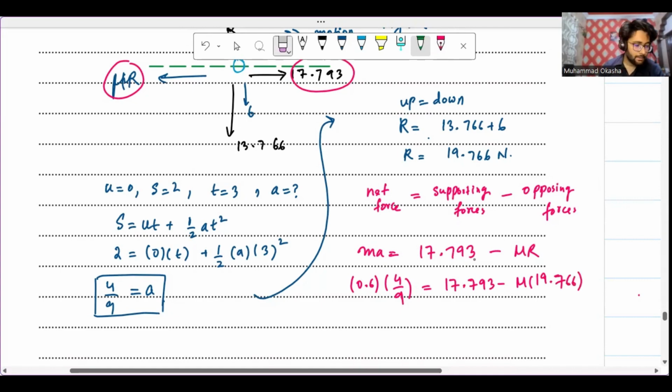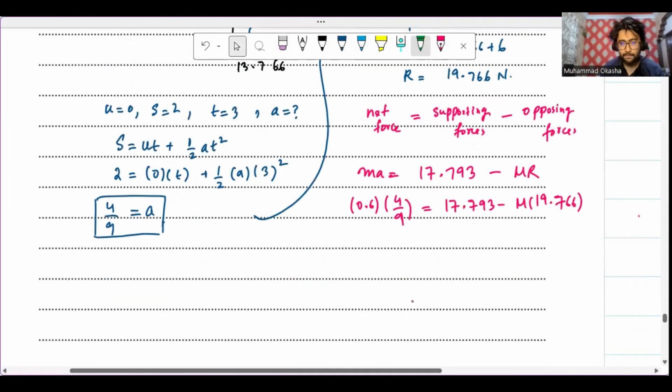All right, let's do the maths. This is going to be 4 over 15. If I isolate mu R, I should put in the value of R as well: mu times 19.766 is equal to 17.793 minus 4 over 15.